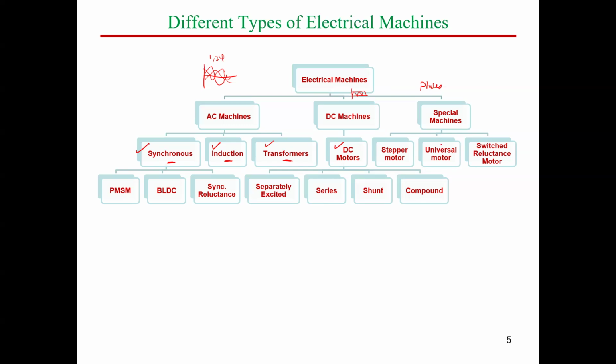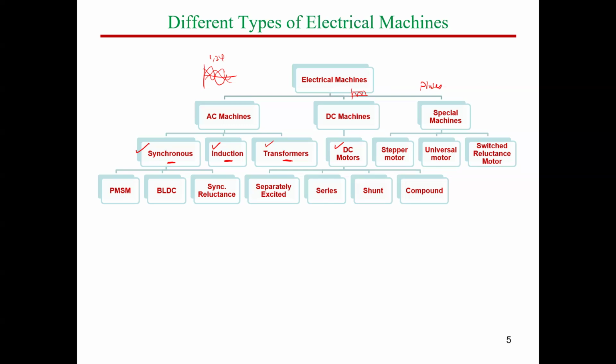Also, there is one type called the universal motor. The universal motor is a DC motor but supplied with AC supply by connecting the windings in series. So it's a special type of connection, and you can find universal motors in fridges.